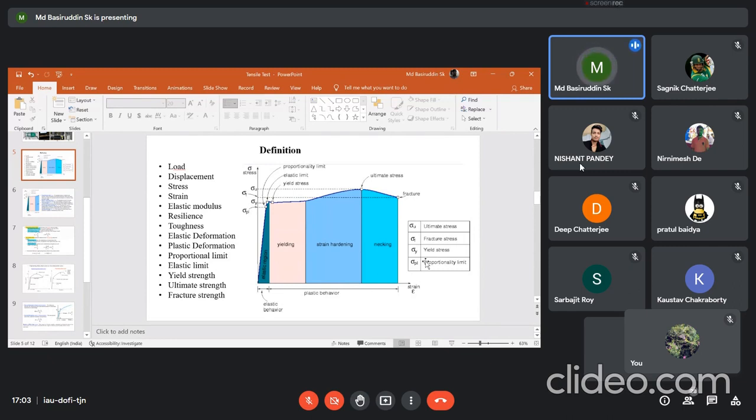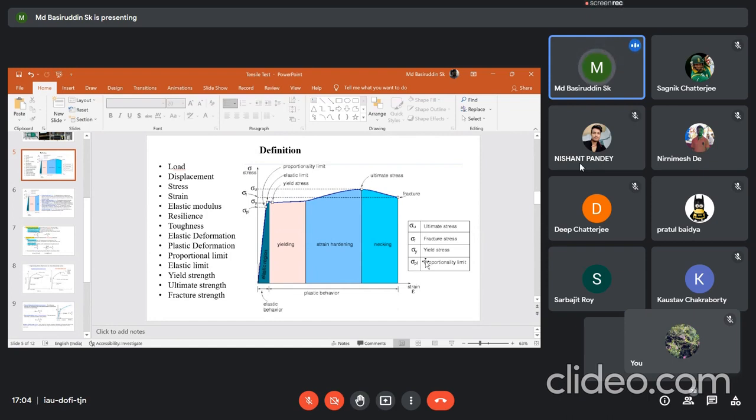Now, what is the importance of toughness? Can you please explain that? What is the importance of measuring the toughness of a material, or if a material has high toughness, how can it benefit us? It can absorb more shock, more energy. Yes, it absorbs a larger amount of energy during deformation, that is, permanent deformation.